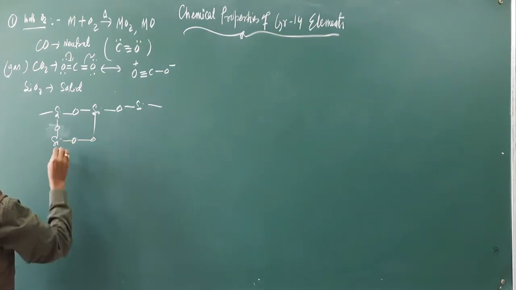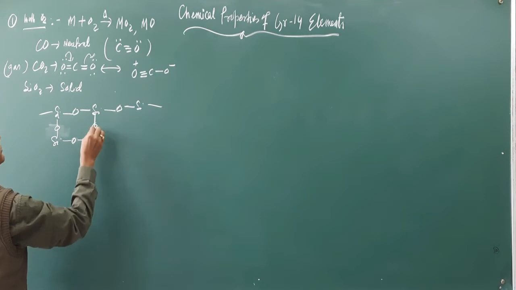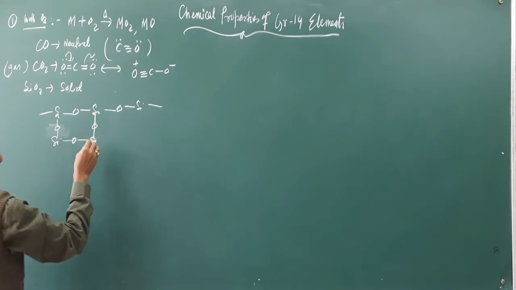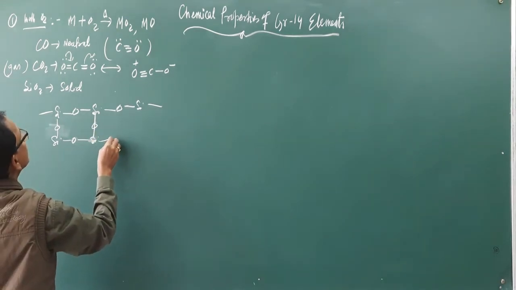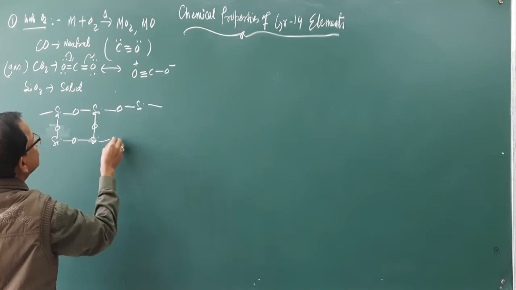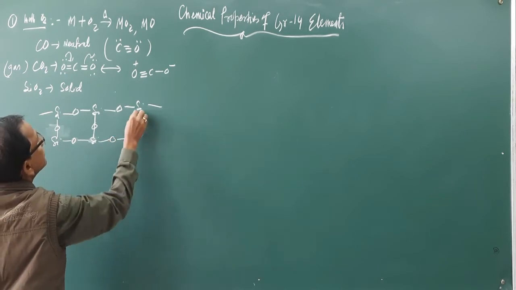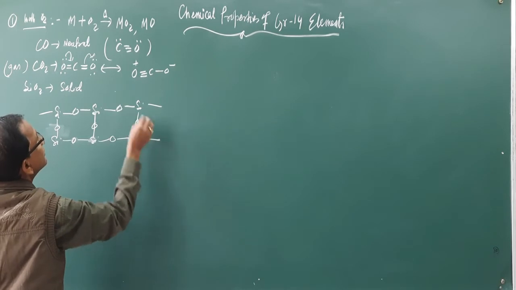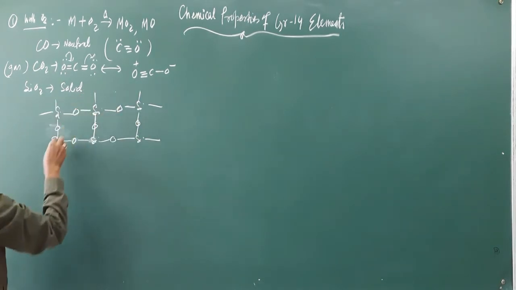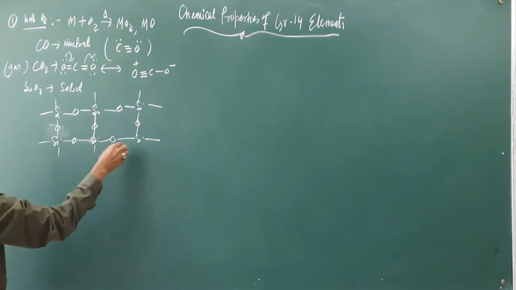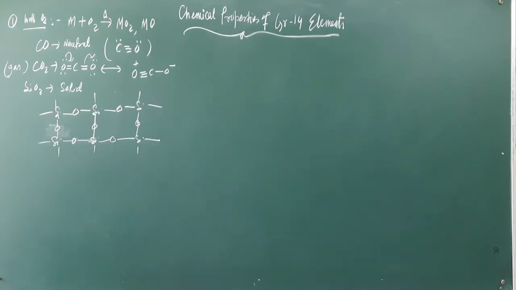Oxygen will be here, then here oxygen, silicon, that oxygen, silicon, like this. This is the structure of silicon dioxide, SiO2, in solid state.